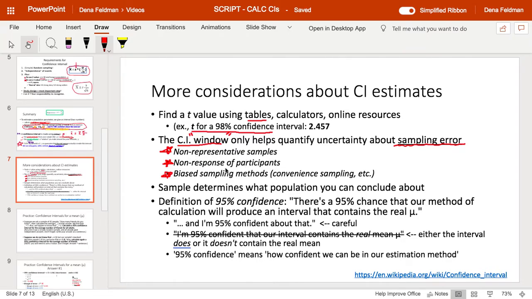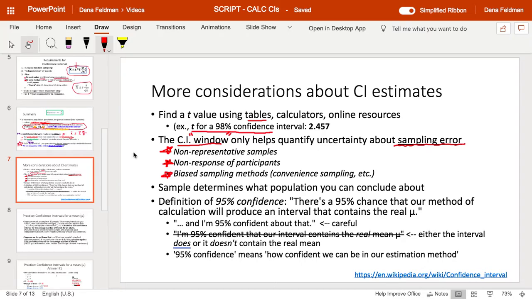These are not taken into account with the margin of error from your confidence interval. These would make even more error, and you would need an even wider margin of error for a confidence interval in case any of these, or more than one of these, are true.